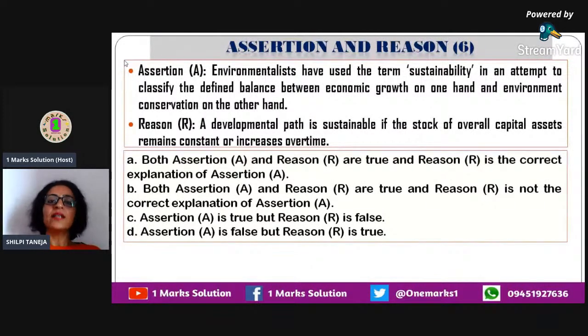So they say that there should be a balance between economic growth. All right, why are we using these resources? We are using them in further production, in the economy, for growth, for providing employment. So this is leading to economic growth on one hand, but on the other hand they are talking about the conservation of the environment. So that is a true statement.